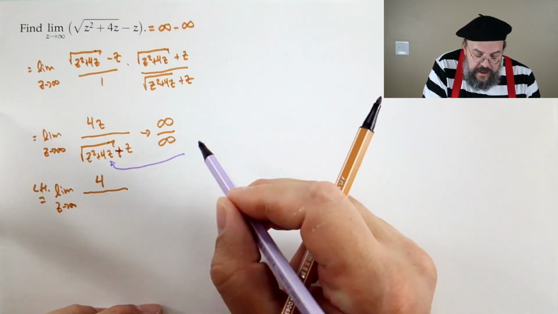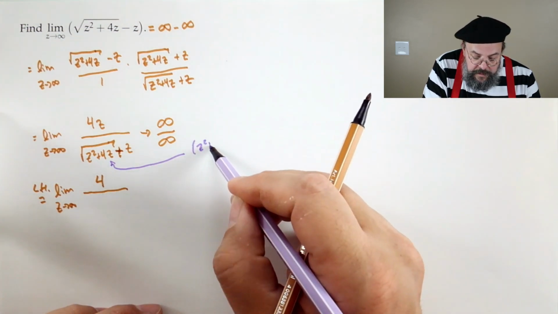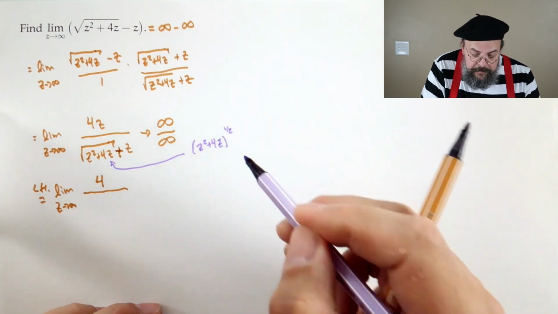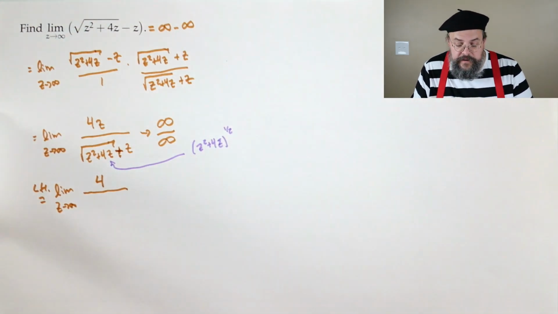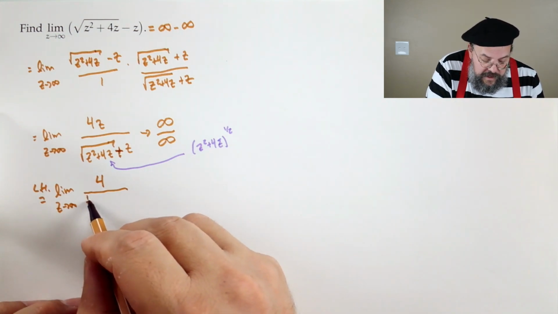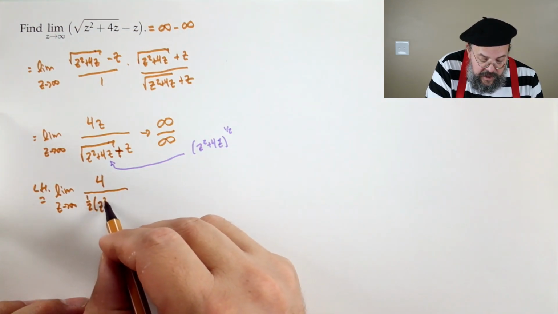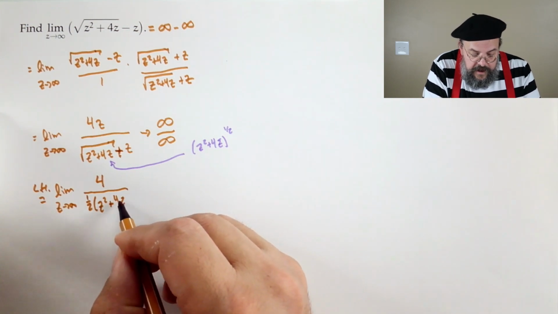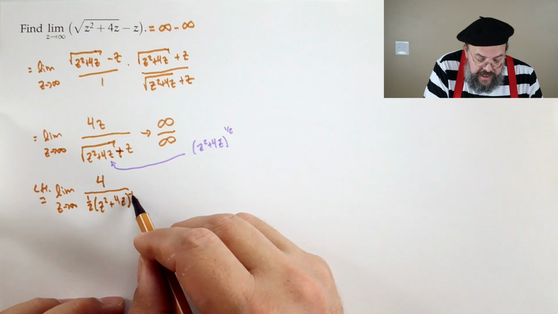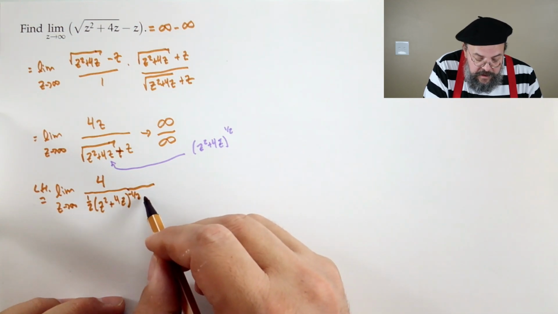That's really z squared plus 4z to the 1/2 power. All right? So when we take our derivative of that, what will we have? Well, we'll have a 1/2 comes down, z squared plus 4z to the 1/2 minus 1, which is minus 1/2, and then we'll have a plus 1.